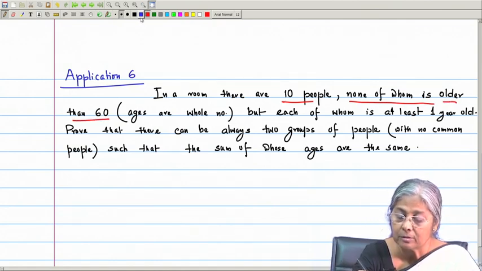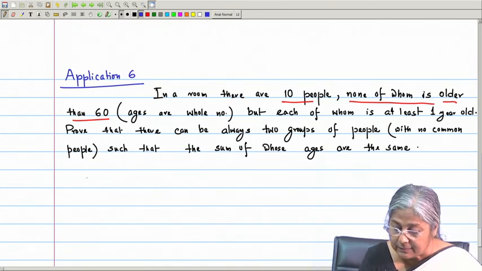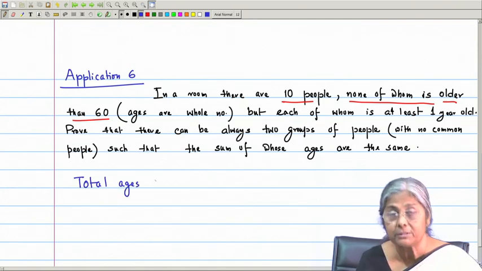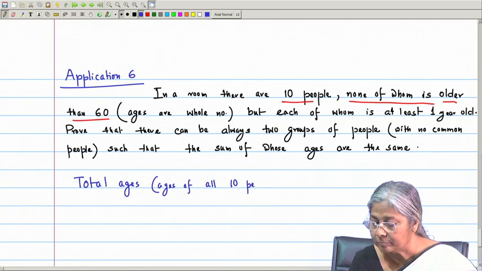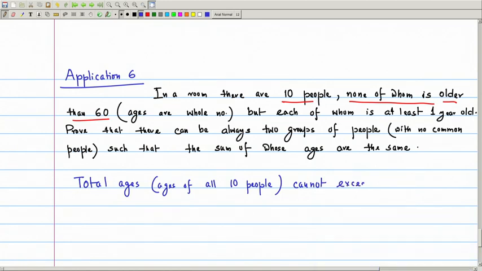I can write that the total ages of all 10 people cannot exceed 60 times 10, equal to 600.